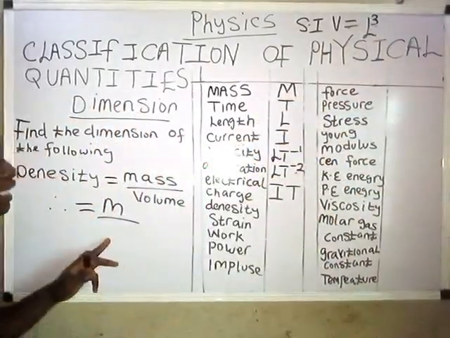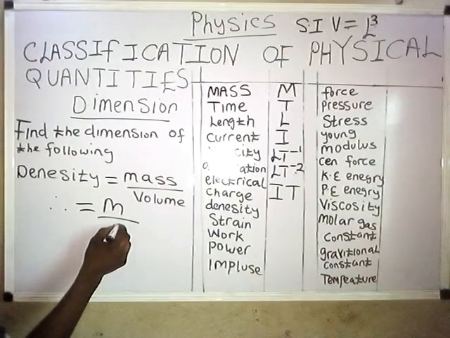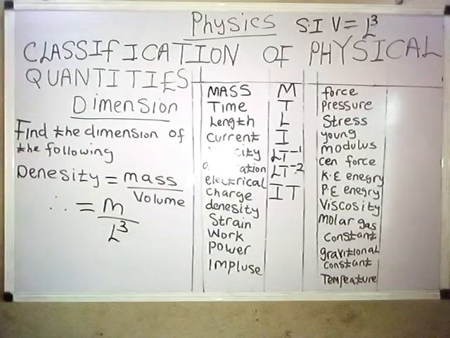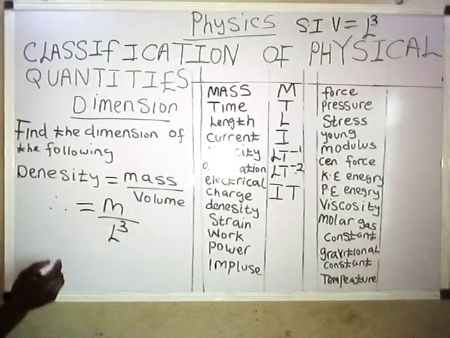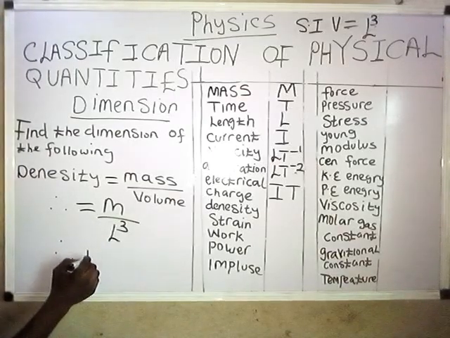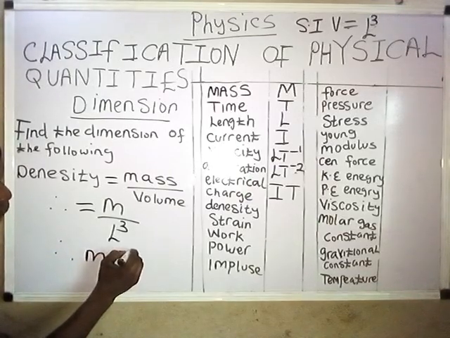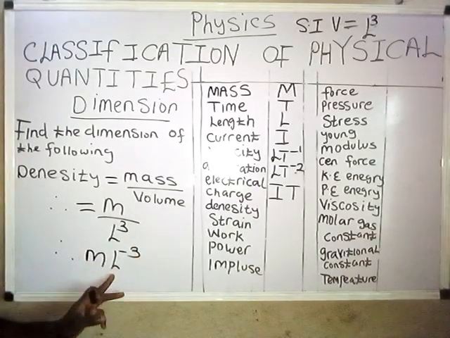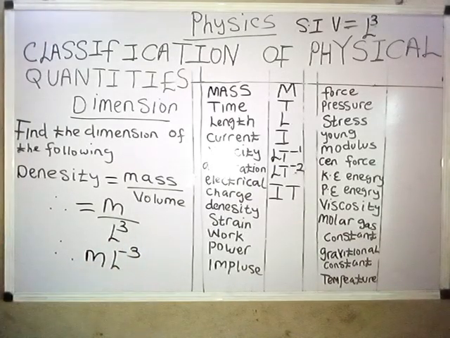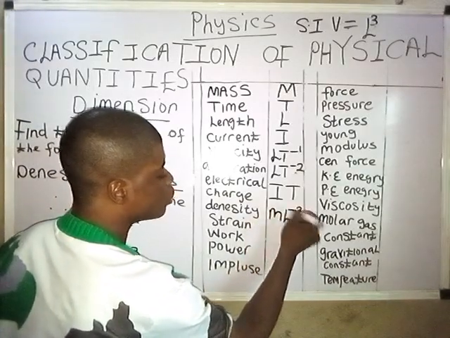So we can apply this knowledge here by saying L, which is the length, raised to power 3. To get the dimension, it comes up to be M L raised to power minus 3. So the dimension for density is M L raised to power minus 3.